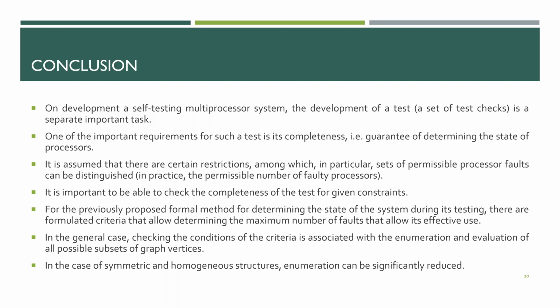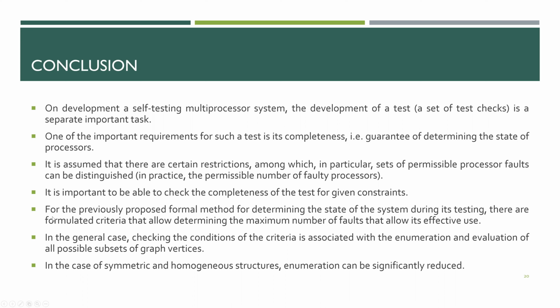It is assumed that there are certain restrictions, among which, in particular, sets of permissible processor faults can be distinguished. In practice, these are the permissible number of faulty processors. It is important to be able to check the completeness of the test for given constraints.